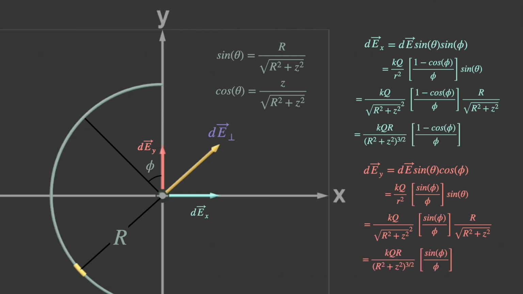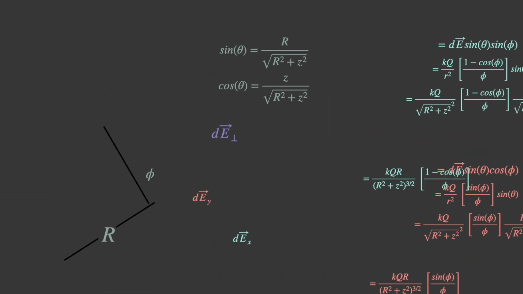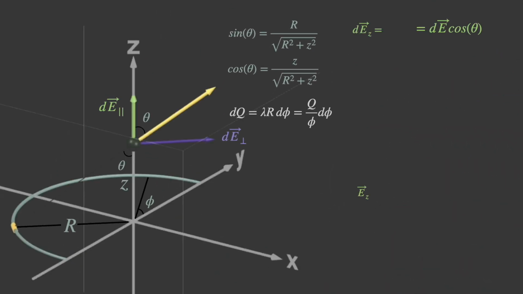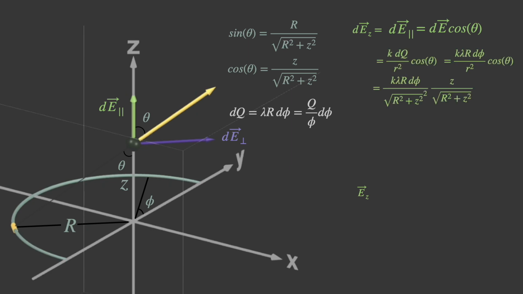Now let's go back to our z contribution, which was, as we wrote earlier, dE parallel. So once again, for the parallel component, we'll pull out Coulomb's law and sub in our definition for dq equaling R times lambda times d phi, with our little r being the square root of R squared plus z squared.